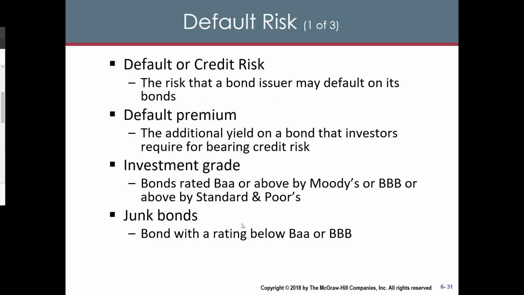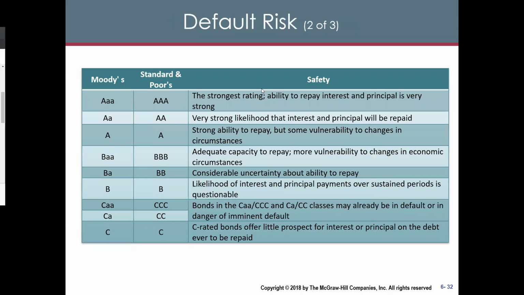They have a rating lower than Baa or BBB, so those bonds have higher default risk. So when you invest in bonds, you need to know your risk tolerance. Here is a table showing you the different ratings for Moody's and Standard & Poor's on their bond ratings.